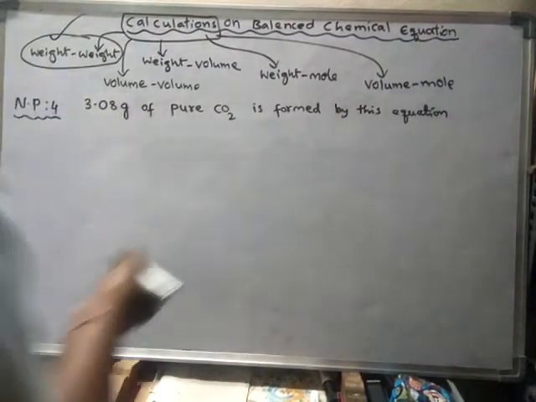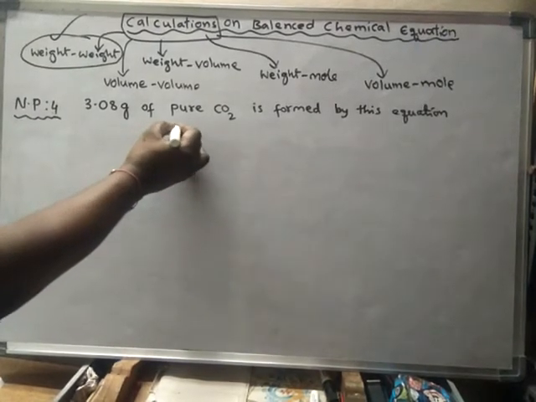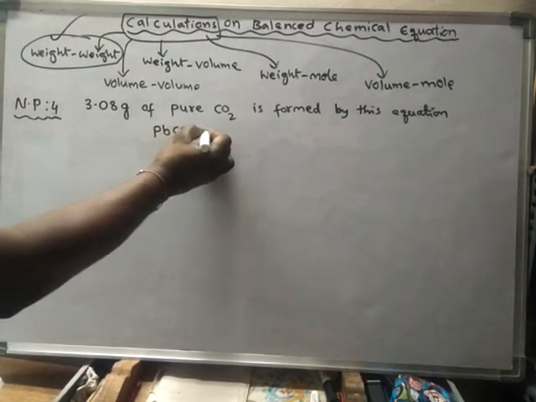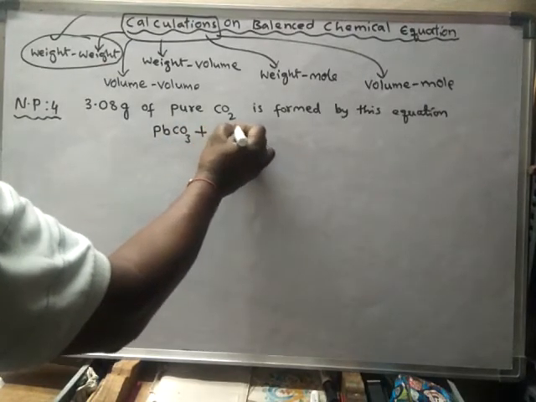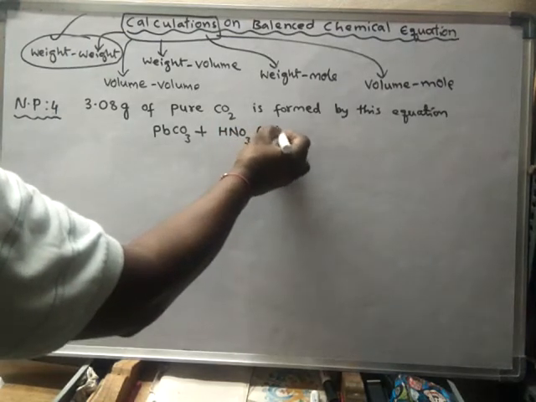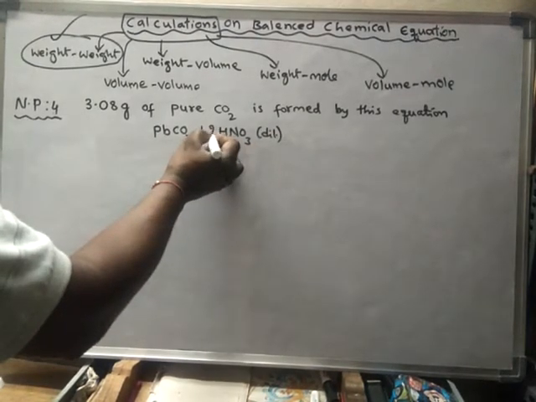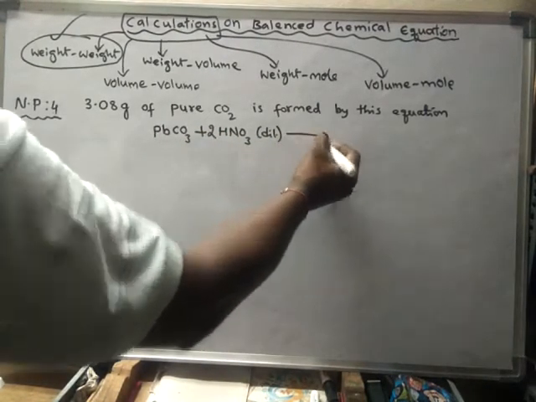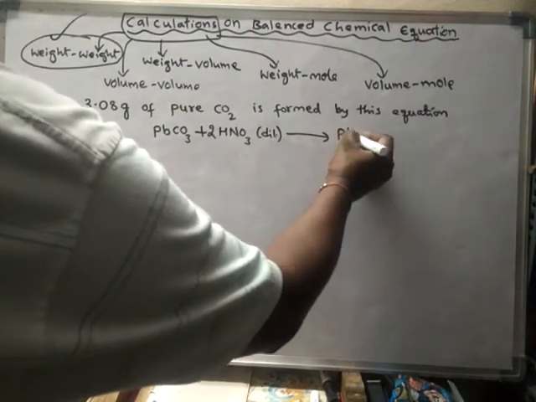What is that equation? See, lead carbonate, when reacted with dilute nitric acid, this balanced equation is given. So what is formed?